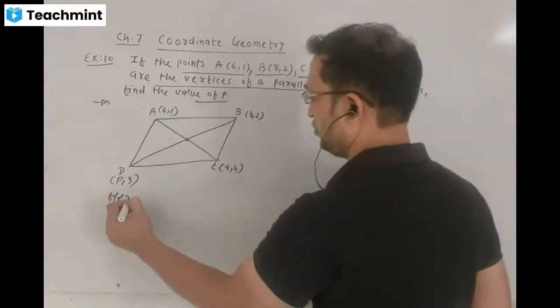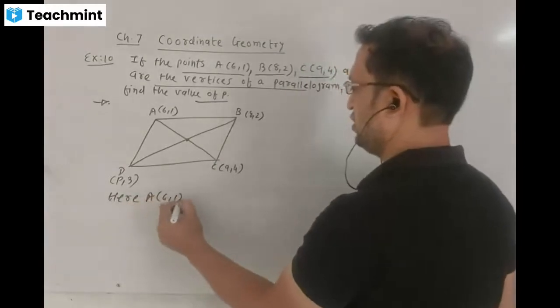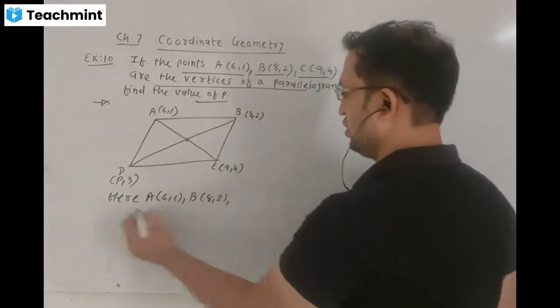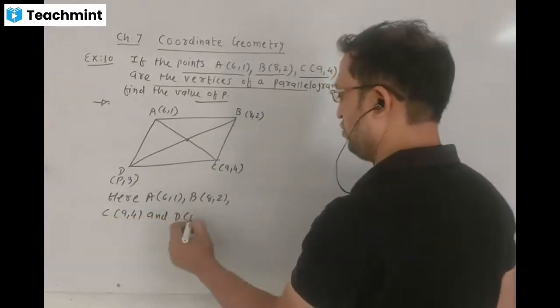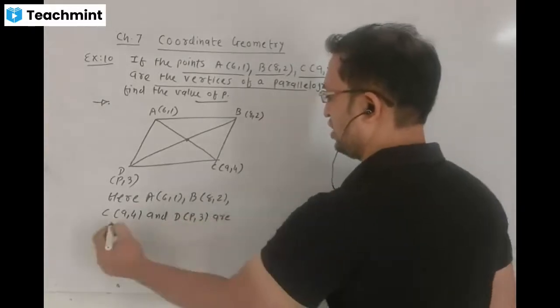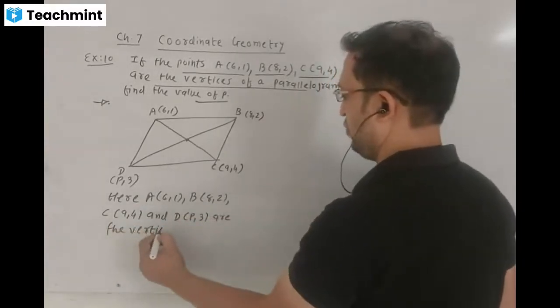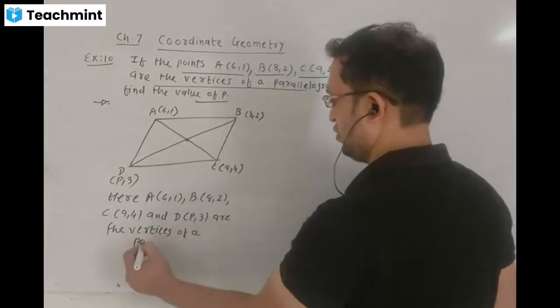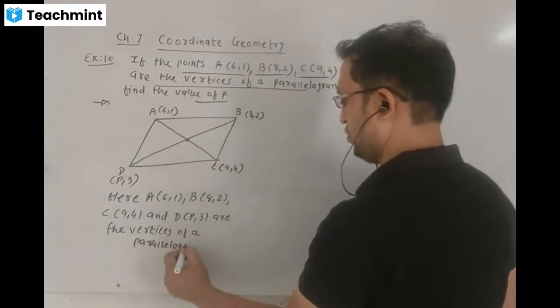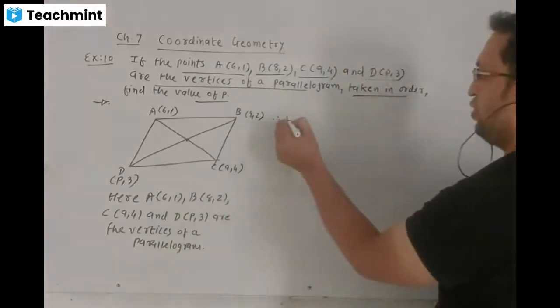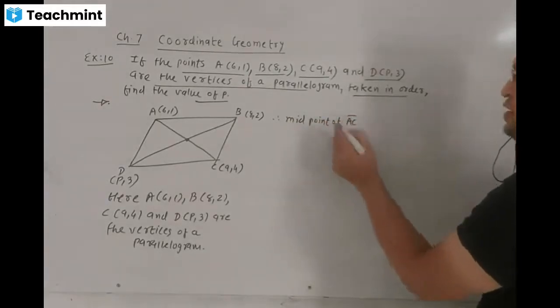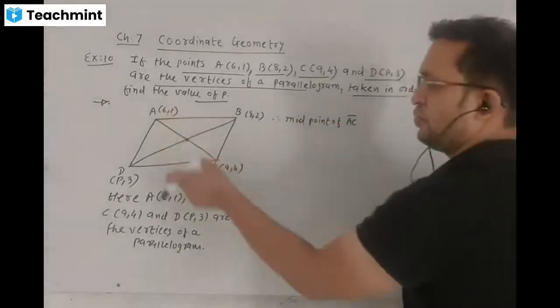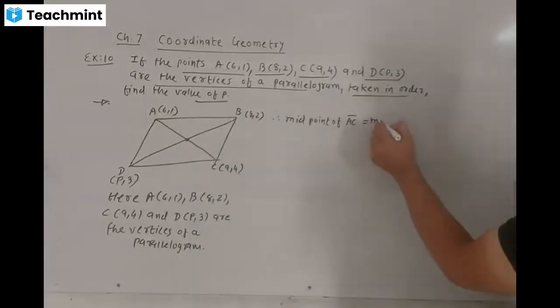A(6, 1), B(8, 2), C(9, 4) and D(p, 3) are the vertices of a parallelogram. Therefore, the midpoint of line segment AC is equal to the midpoint of BD.